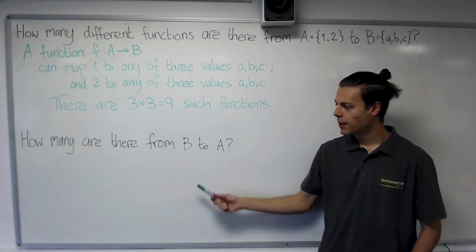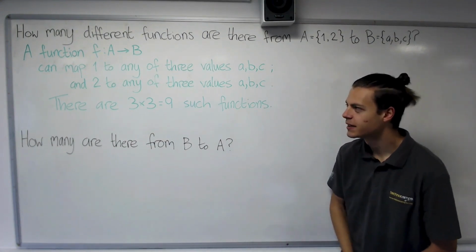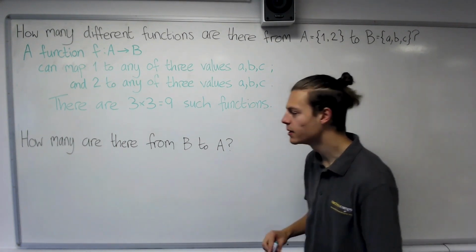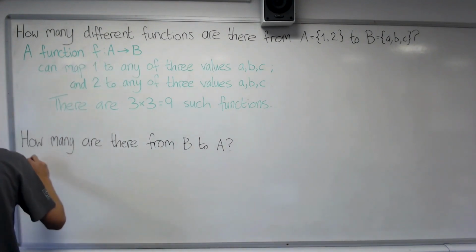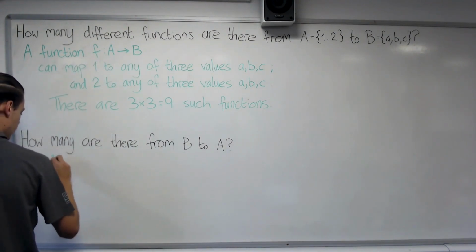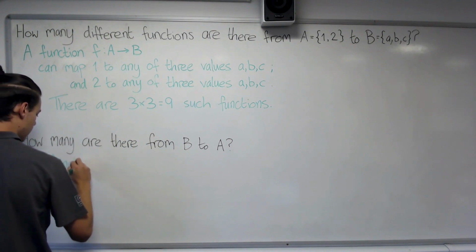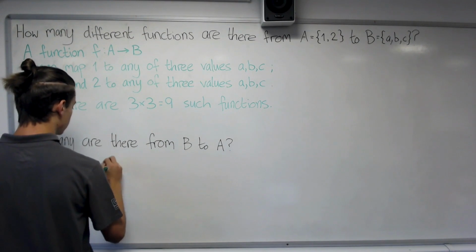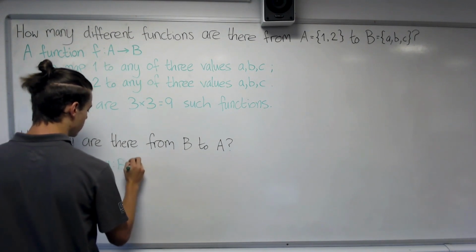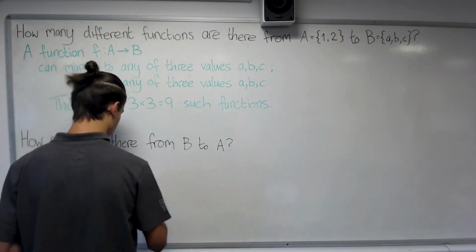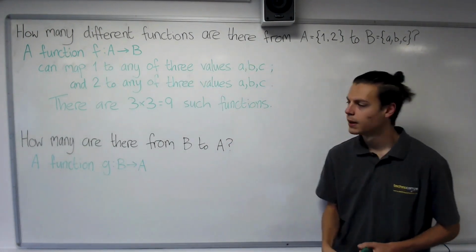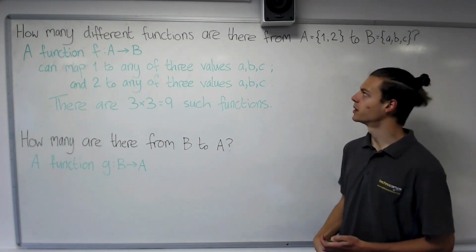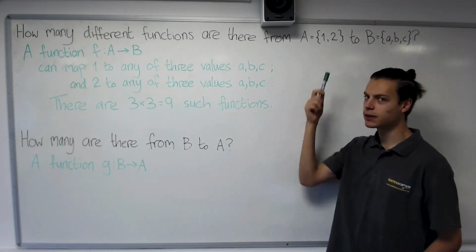Okay, so how many are there from B to A? Well, let's consider another function. Let's call it G, going from B to A. Now, this time we can map the element A to any of 2 values, right?